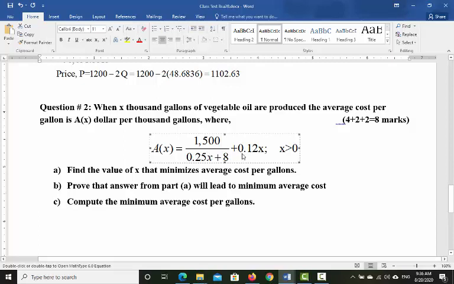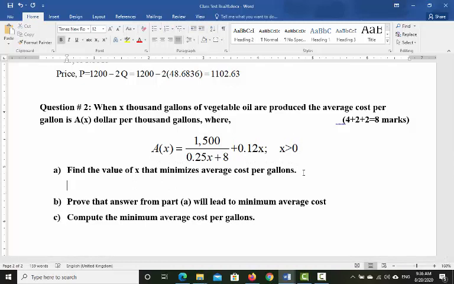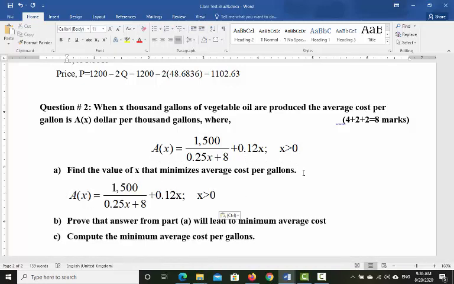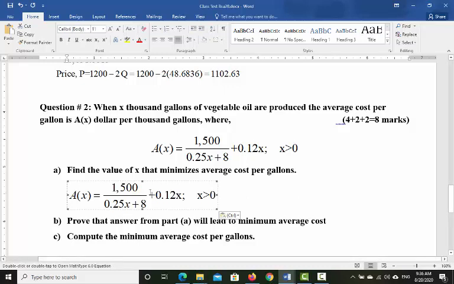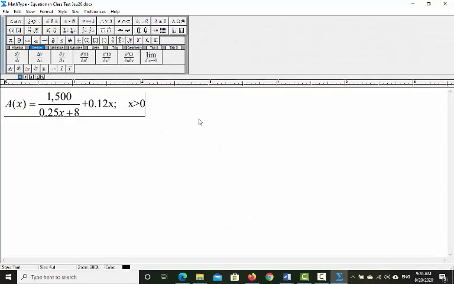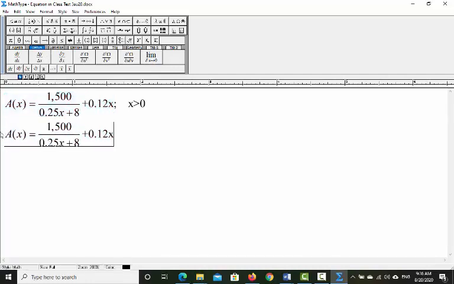So obviously it is a very easy question. We will do the differentiation directly here. This is the average cost function. We need to find out the value of X for which the average cost will be minimum. So we will do the differentiation first. Let us find out the slope.